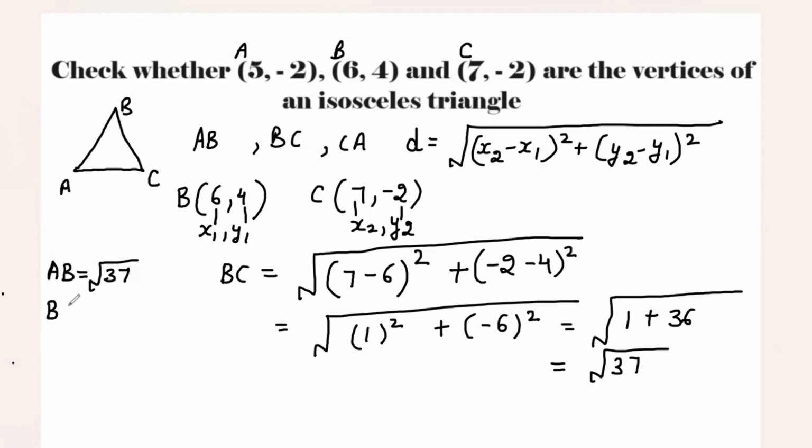Now we write the value of BC is root 37.